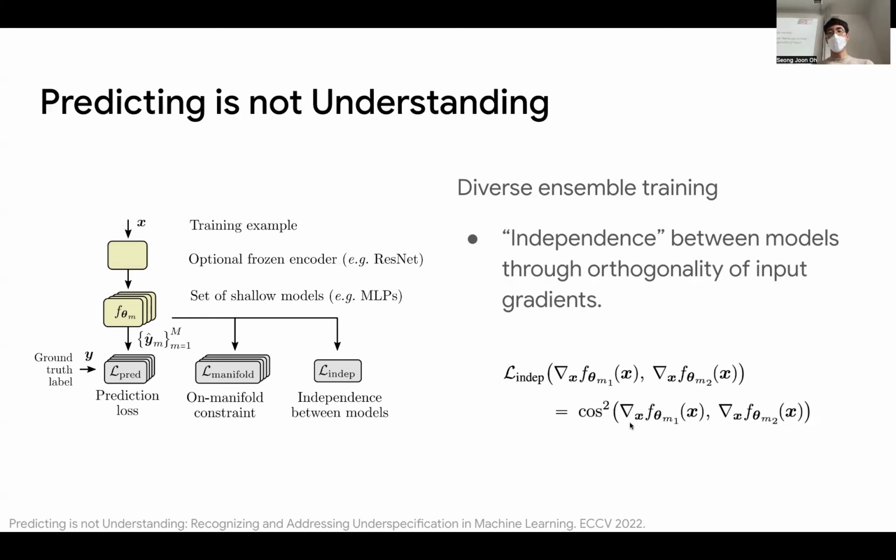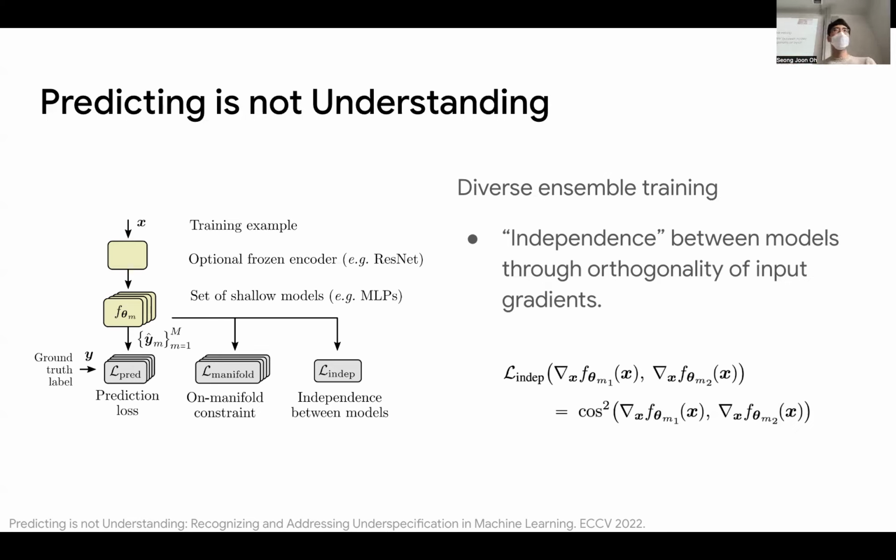They measure the cosine similarity among the input gradients for the same inputs. So for every input, they measure the input gradient, and then make sure that the models in your ensemble have different, orthogonal input gradients.